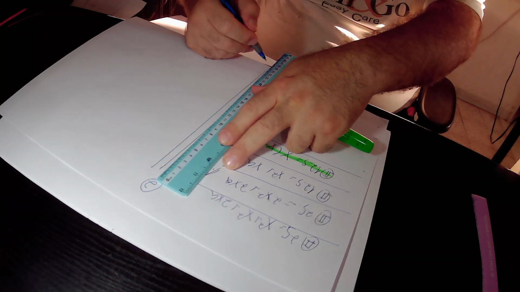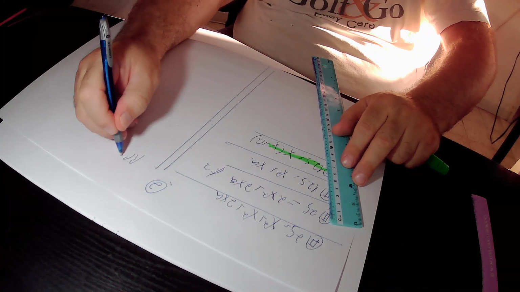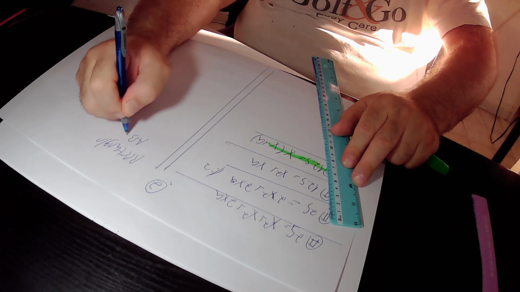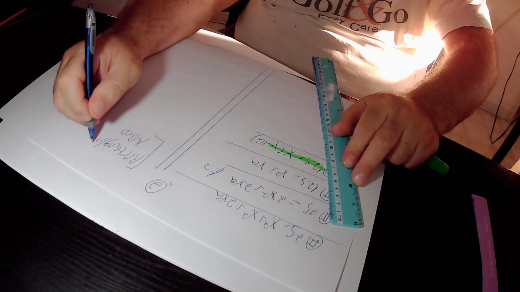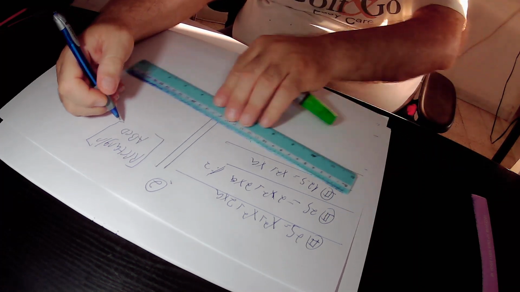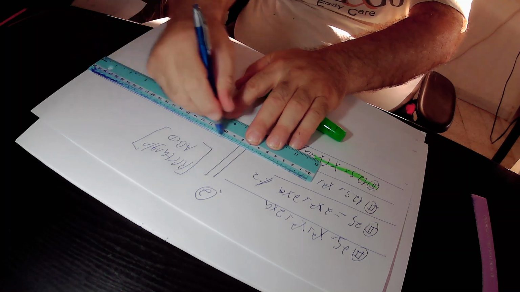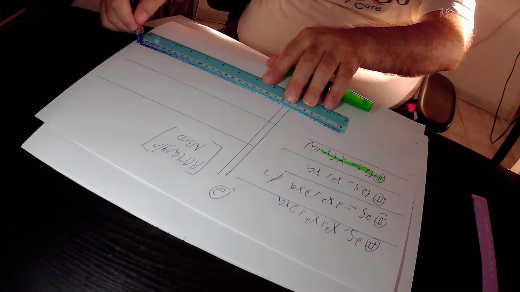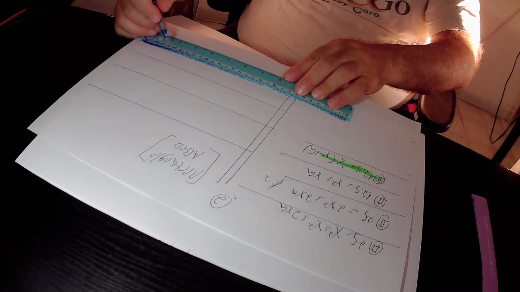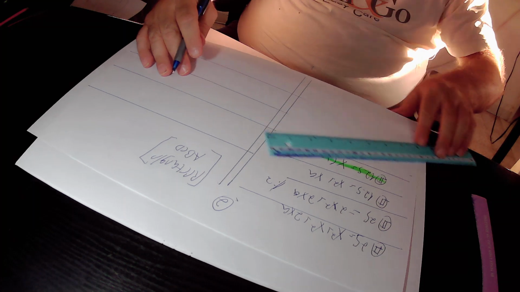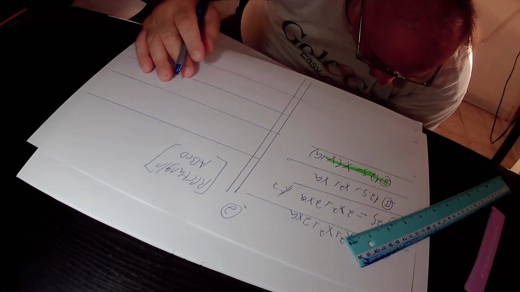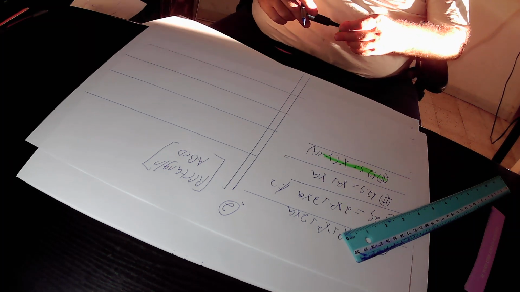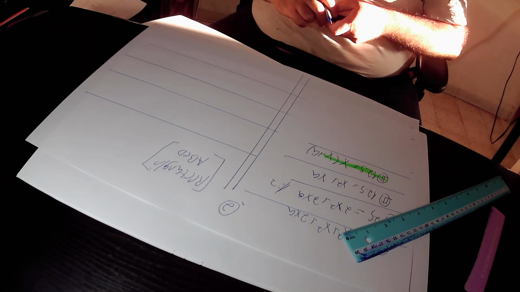So what is the area of rectangle ABCD? Actually, we know that the area of any rectangle equals the length of the rectangle times the width.